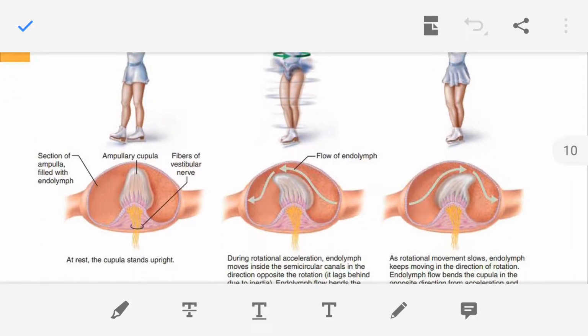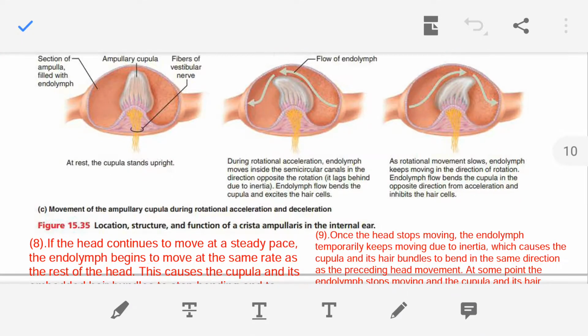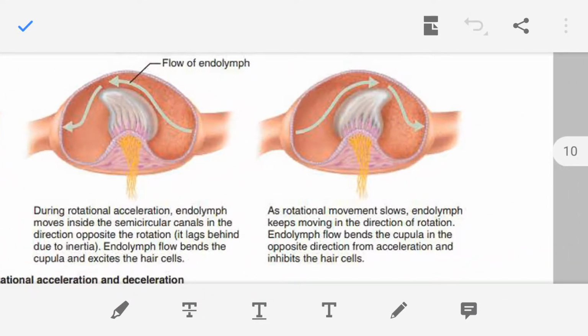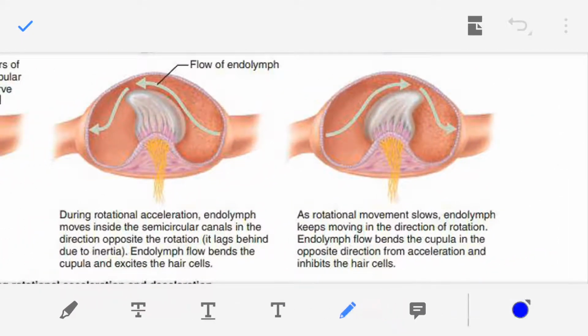So when she is decreasing her speed, the rotational movement is slowing down. So now endolymph keeps moving in the direction of rotation. So during deceleration, what is happening? Endolymph is moving, but now it is in the direction of rotation.